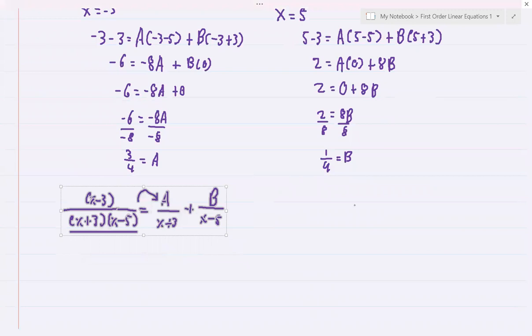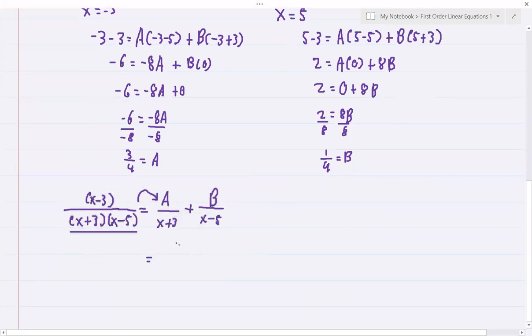So since we have A and B, we will have 3/4 all over x plus 3 plus B, 1/4 all over x minus 5. And once again, we have a fraction on the numerator, the same thing on the second term.